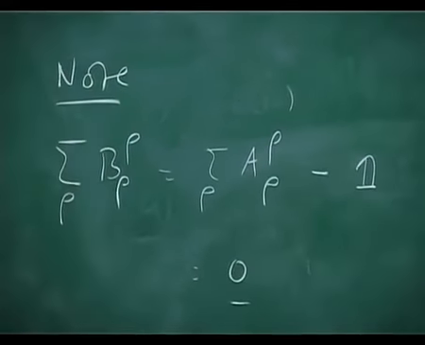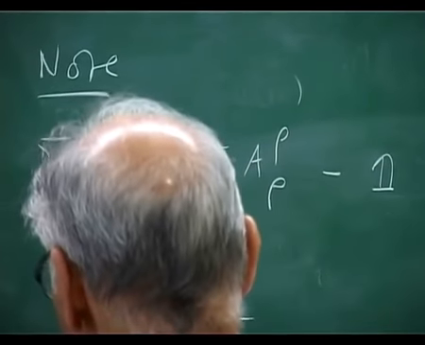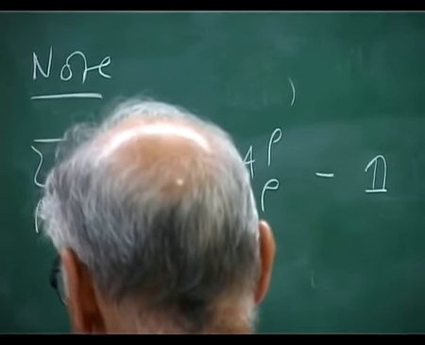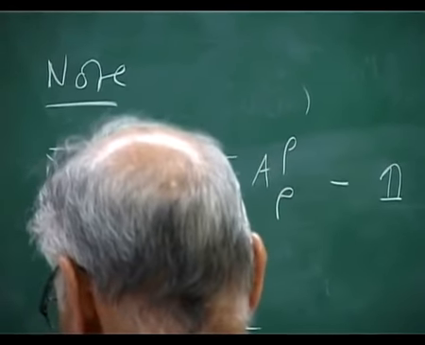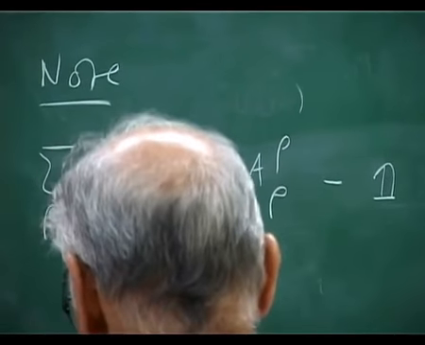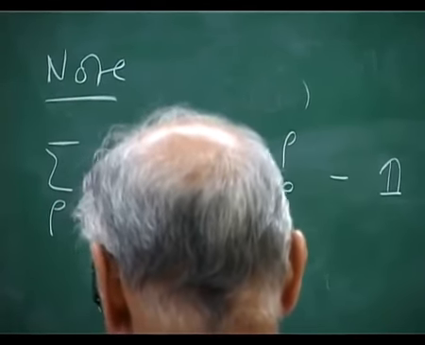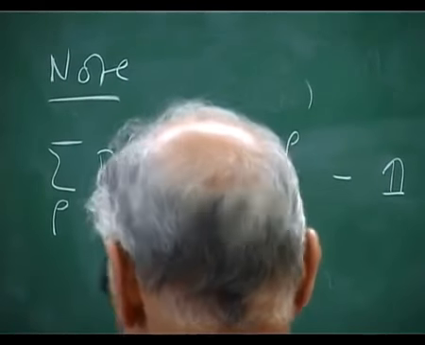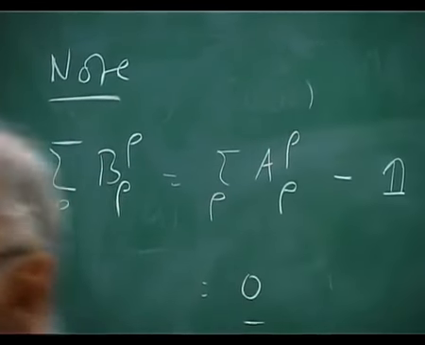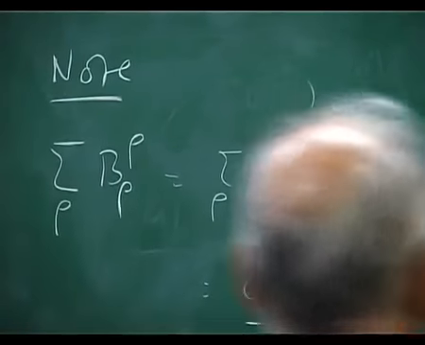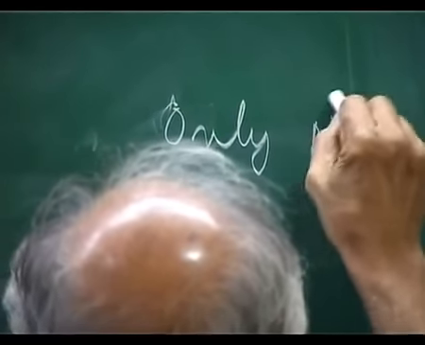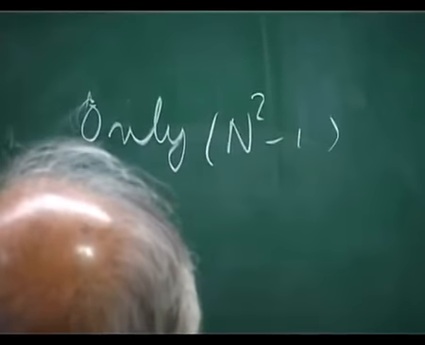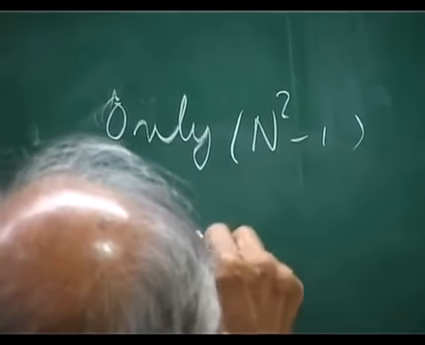So B's are not linearly independent. There are only n squared minus 1 of them.